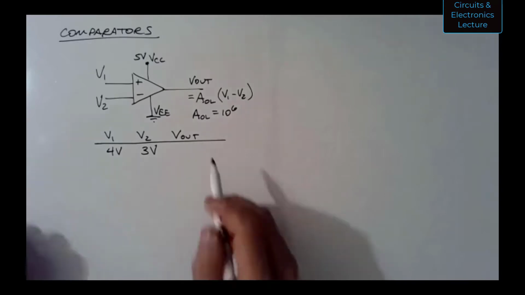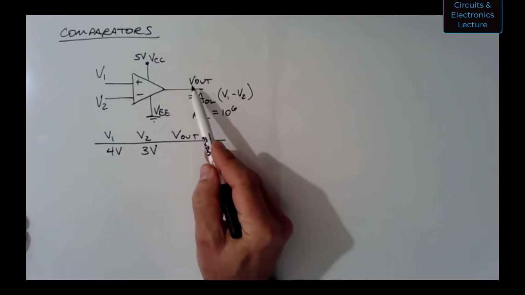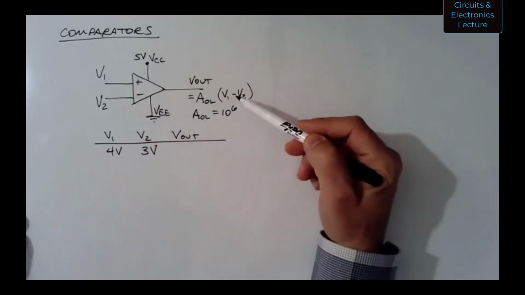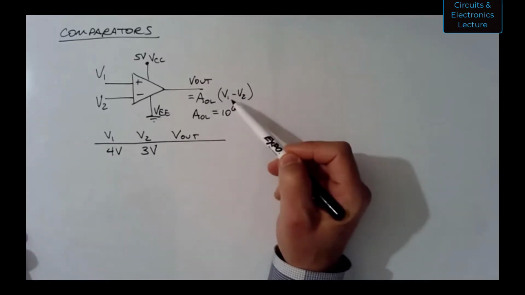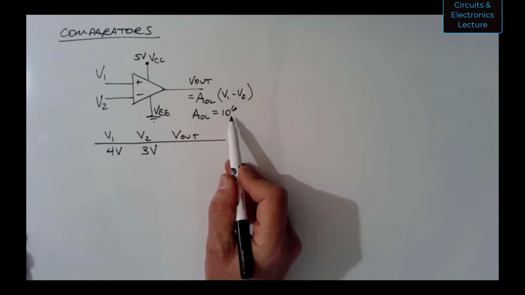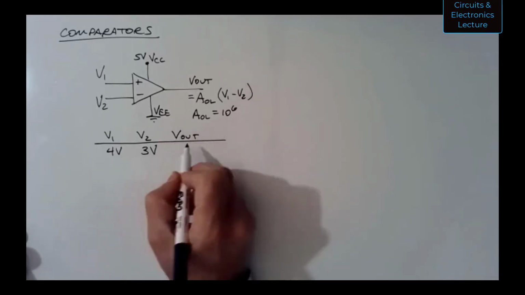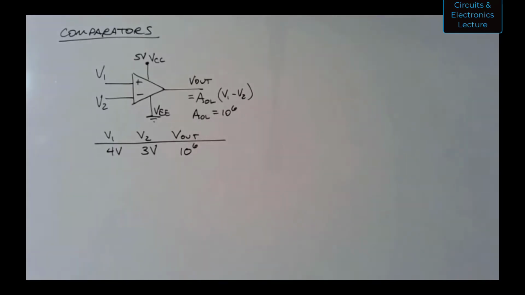So this equation for V out says, well, I don't have negative feedback, so I'm going to fall back on what I know about an op amp, that V out equals AOL times V1 minus V2. Well, 1,000,000 times V1 minus V2 is 1 volt times 10 to the 6th. That's 1,000,000 volts. So this op amp is going to have 1,000,000 volts at its output.